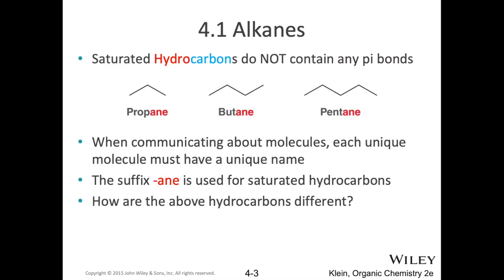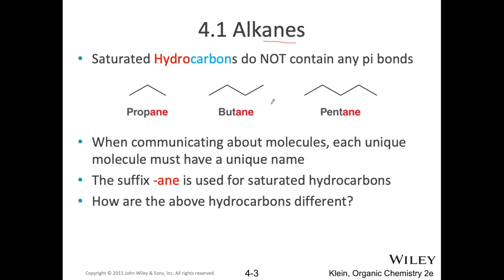Now, when it comes to naming these, all of our alkanes will have the suffix -ane, which makes sense. It's derived from that suffix in the name alkane. You'll notice this trend with a lot of functional groups. Basically, they tend to have part of the group name in the root name for the compound itself.